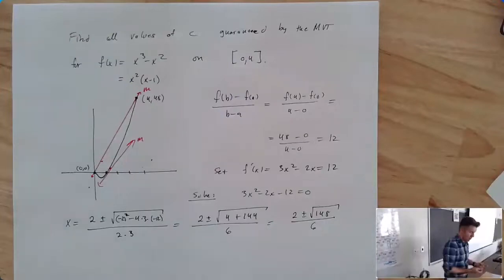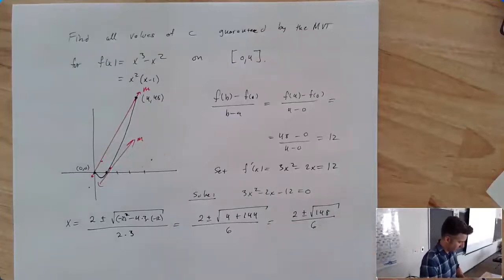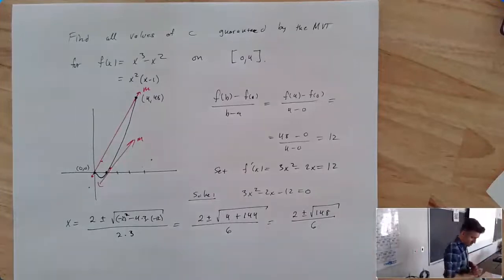So the question is, are both of these answers actually answers in our interval, or is one of them not? And I would argue one of them isn't. 2 minus the square root of 148. I don't know what that number is. I know it's negative. Square root of 148 is pretty close to 12. Right, it's close to the square root of 144.